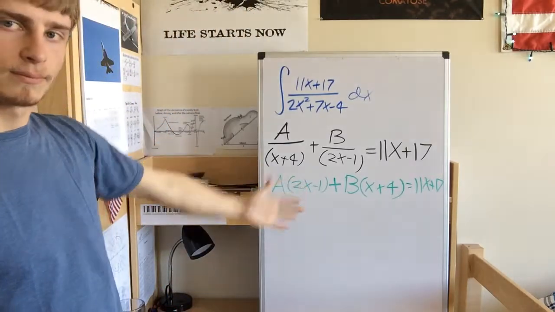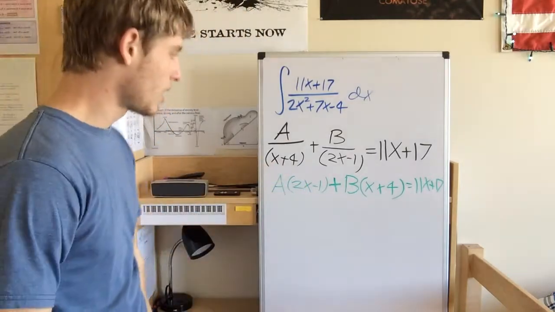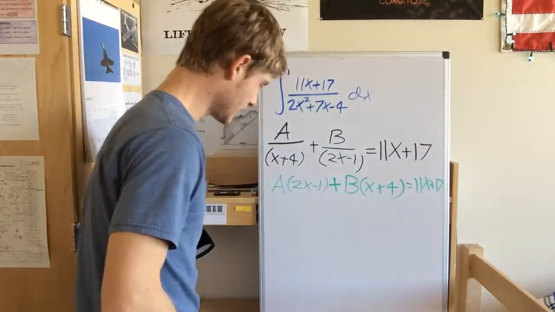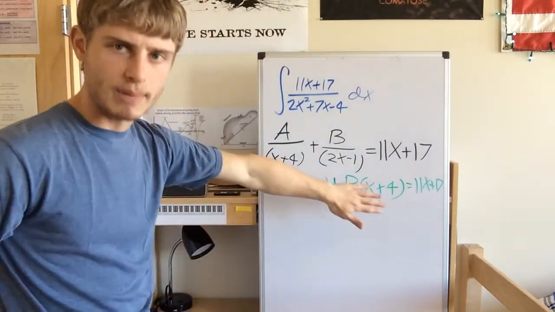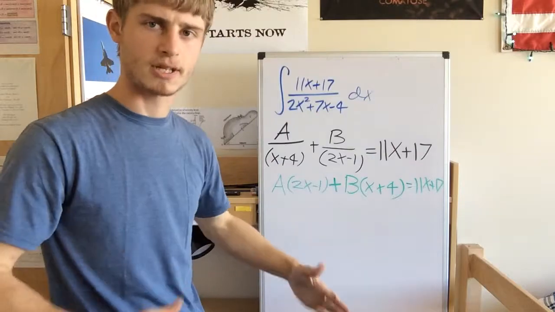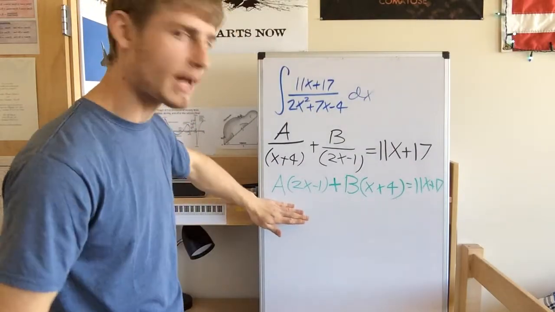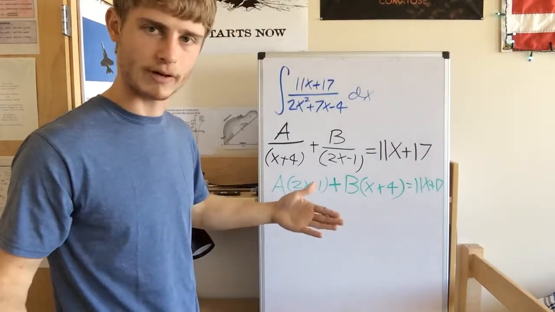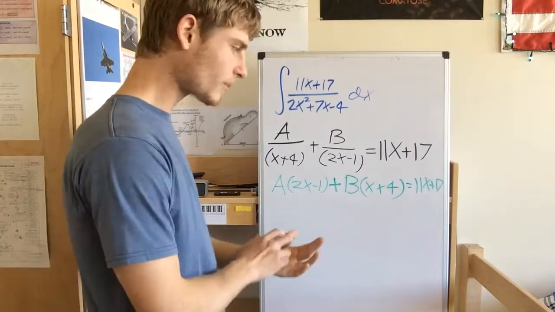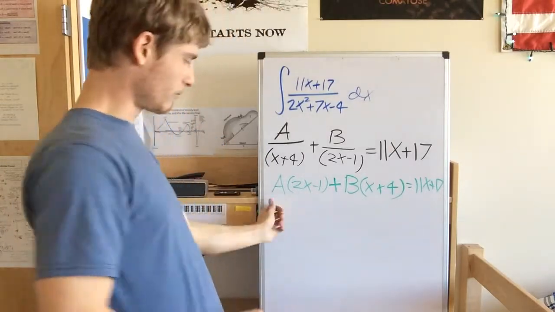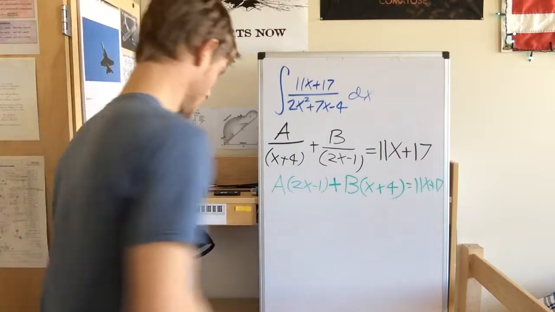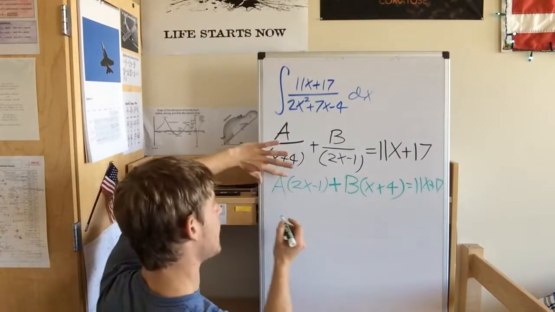Now look at that. We're getting somewhere again. But we now have A terms and B terms, and we have x terms, and there's all this stuff going on. So we need to actually eliminate something. We can't solve for all three variables at the same time. And to do this, we're going to now multiply through everything. So we're going to get A times 2x.